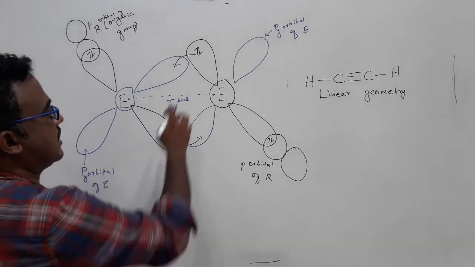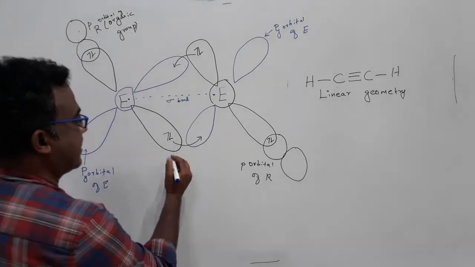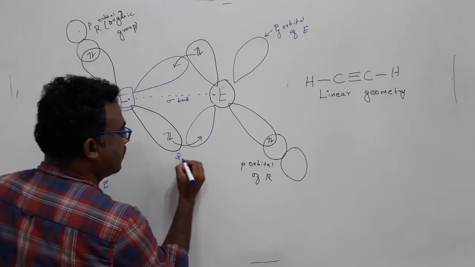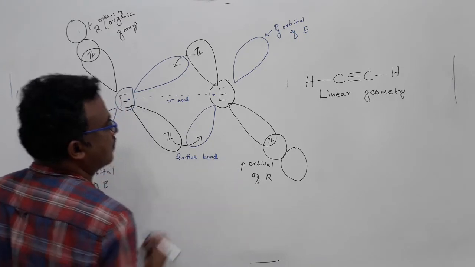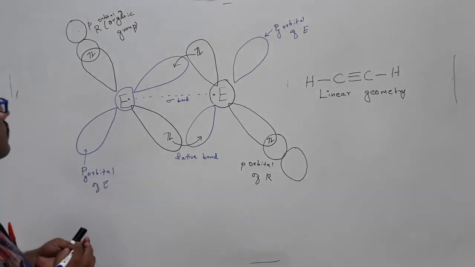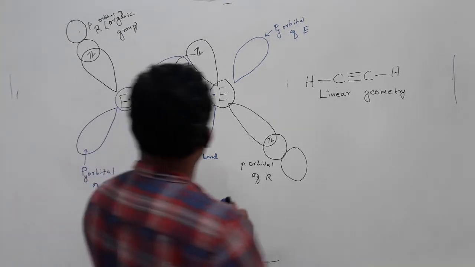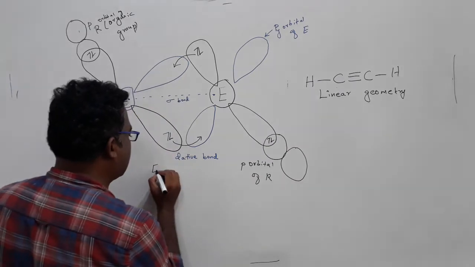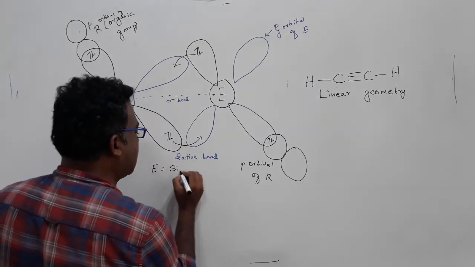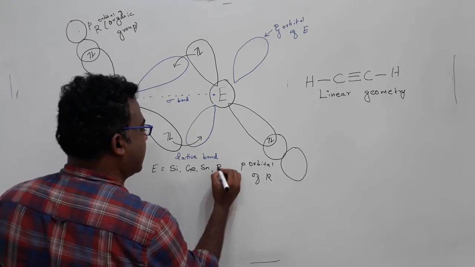Okay, so it is also forming a kind of dative bond. And this is a kind of dative bond. So if you see the overall structure, how does it look? E is here: silicon, germanium, tin, lead.